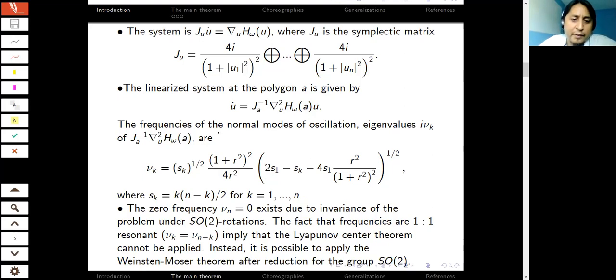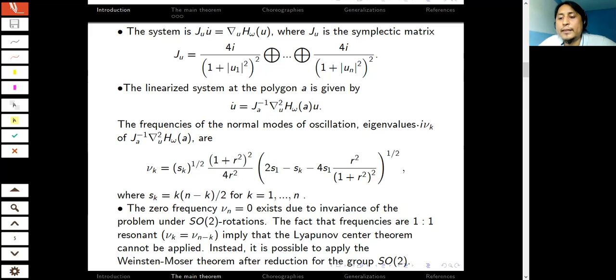So this is what physicists call normal frequencies and normal modes of oscillations. That's just a name: the normal modes are the periodic oscillations of this linearized system around the equilibrium, and the frequencies are just the frequencies of those normal oscillations. What I mean by a frequency of the normal oscillation is the value nu k such that i nu k is an eigenvalue of this matrix.